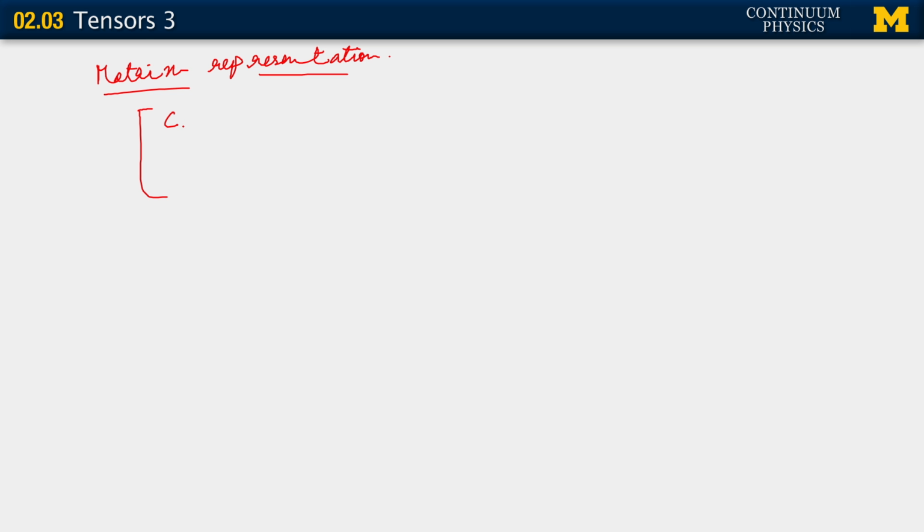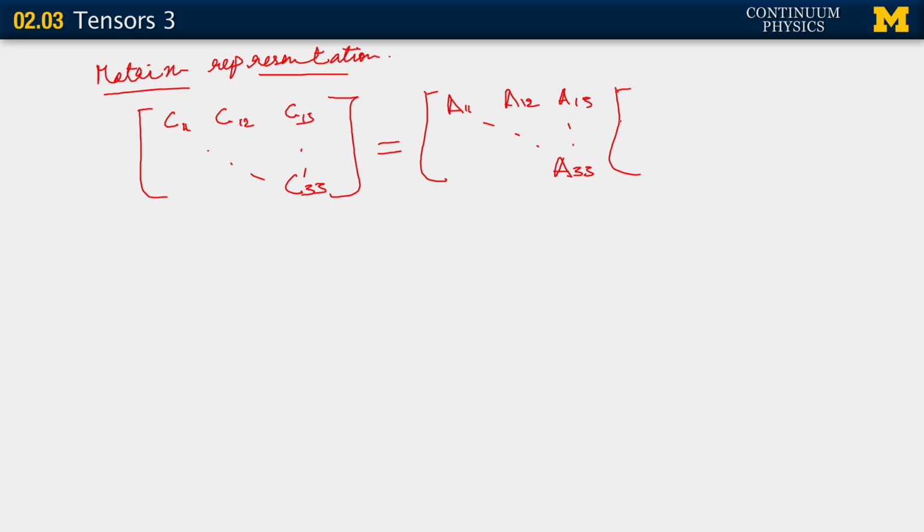We have C11, C12, C13, and so on until we come to C33 equals A11, A12, A13, and so on to A33, times B11, B12, B13, up to B33.